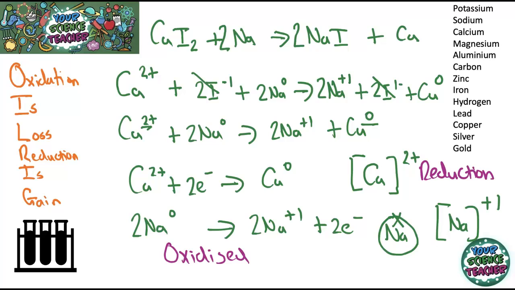So in summary, I can think of these displacement reactions and the reactivity of metals. The more reactive a metal it is, the easier it oxidizes, the easier it loses electrons. And these reactions are called redox because one species is reduced, like the calcium was here, and one species is oxidized, just like the sodium was here as well.